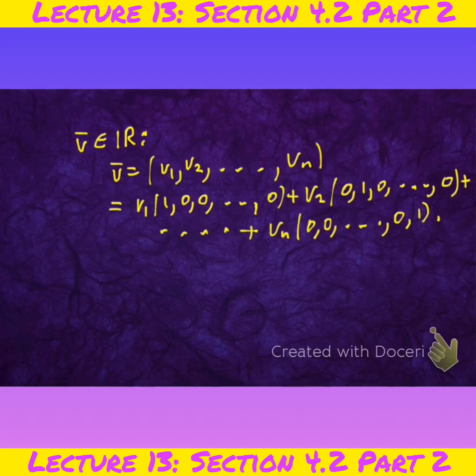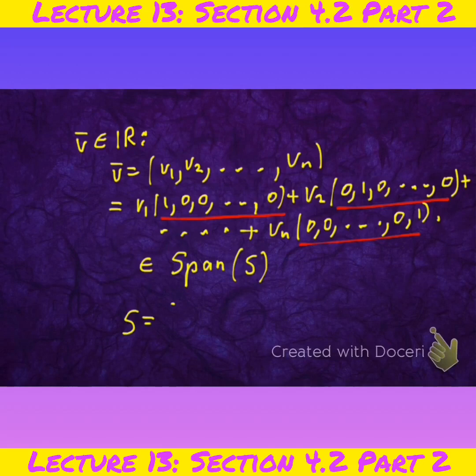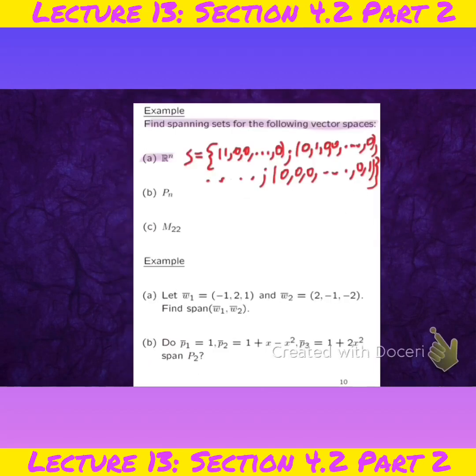Take note that these are all my standard unit vectors in S. So what is this actually? It's an element of the span of S, because V is a linear combination of the vectors in S. And what was the set S again? Well, I can go back, and this is my set S. It's the set of all these standard unit vectors.